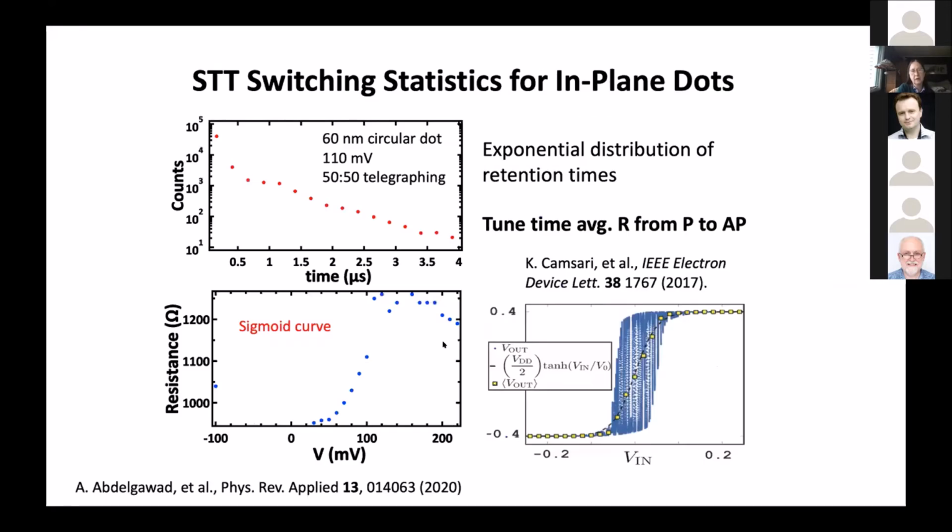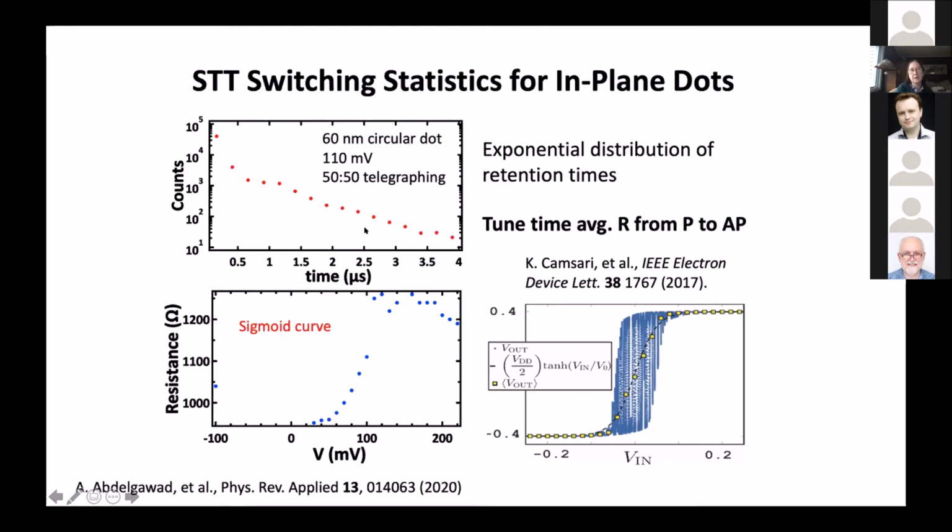And if we look in more detail, here is our sigmoid curve for the data on the last slide. And that looks very similar to what Kerem Camsari and his group have been looking at with the simulations of devices. So we get full switching over a few tenths of a volt.